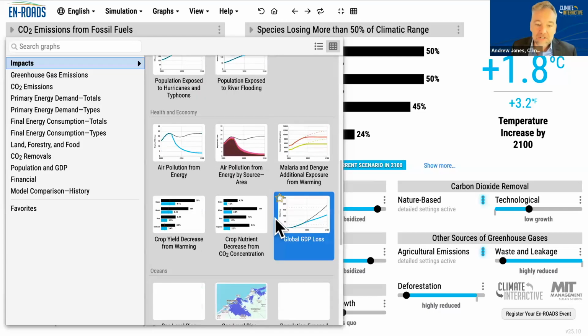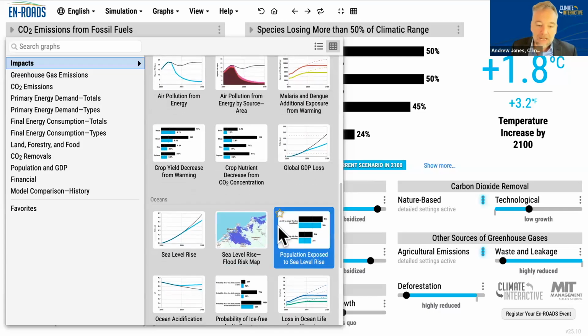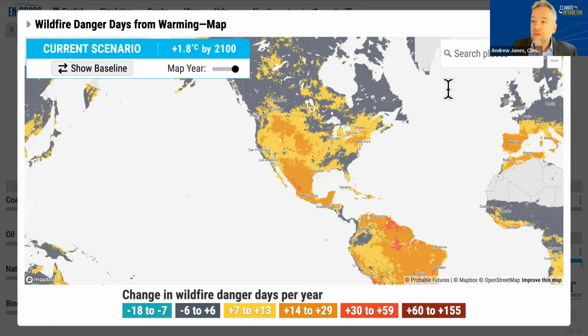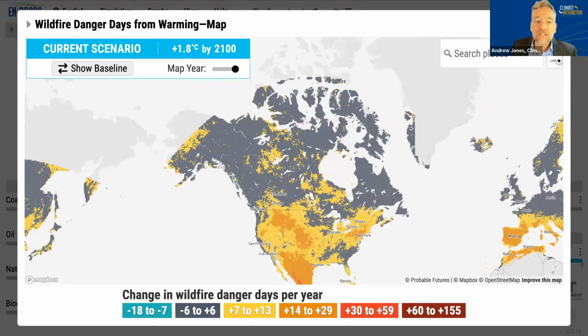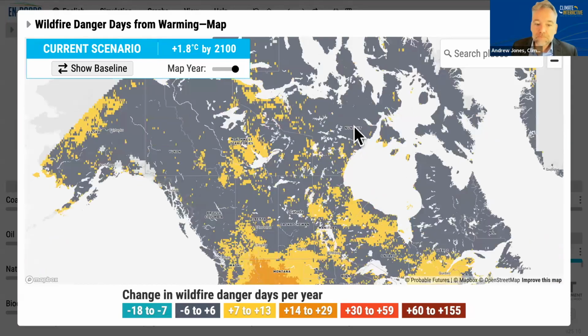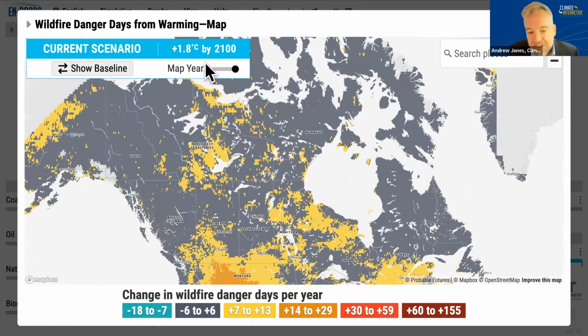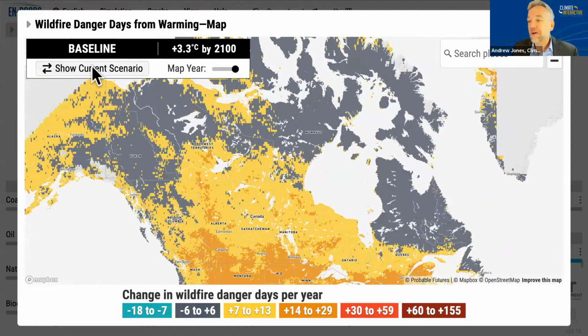I'll go straight to this one around wildfire danger days. So we were looking at this area, and we can see in a 1.8 degree scenario versus in a 3.3.